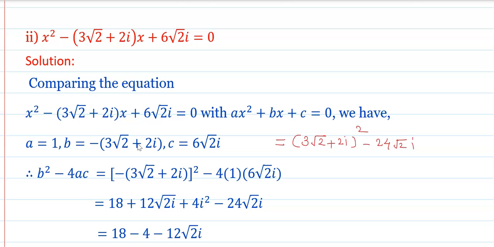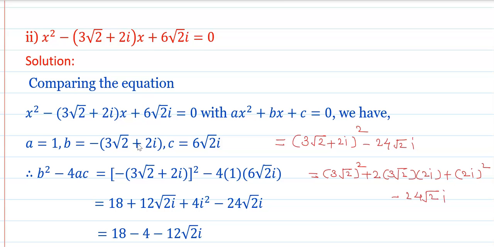Again we will expand. What will the square of 3 root 2 be? Here a is 3 root 2, so a square plus 2 into 3 root 2 into 2i plus (2i) square minus 24 root 2i.